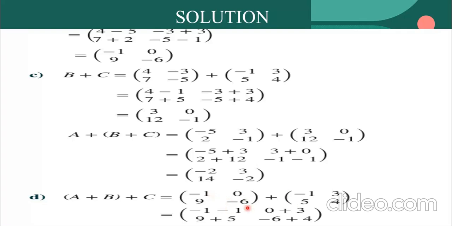Minus 1 will be added to minus 1, 9 plus 5, 0 plus 3, minus 6 plus 4. Then you have a result of minus 2, 3, 14, and minus 2.